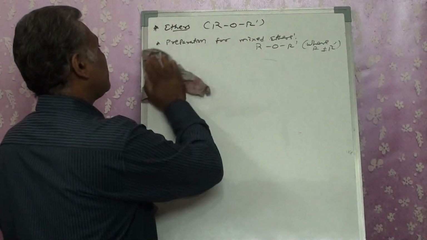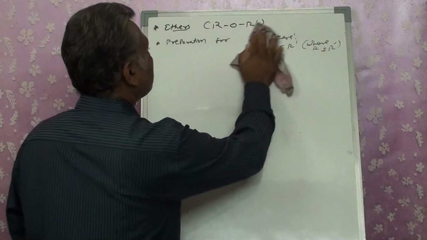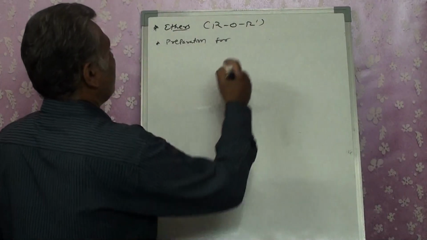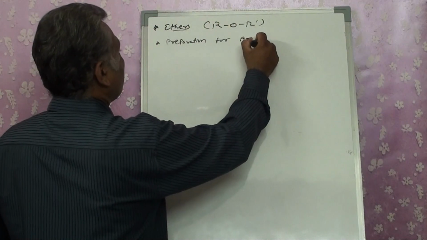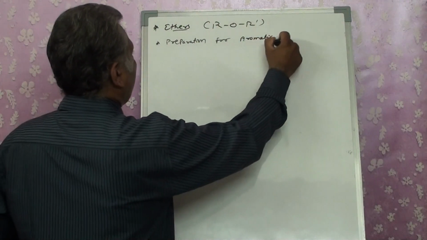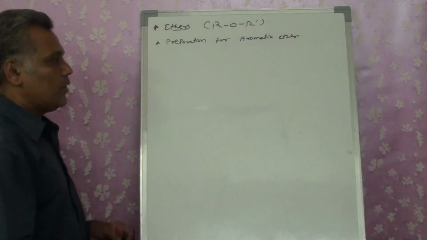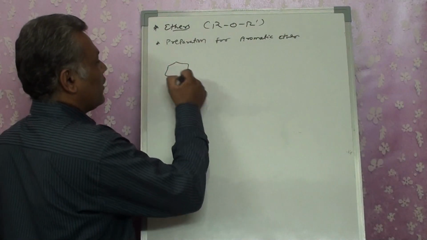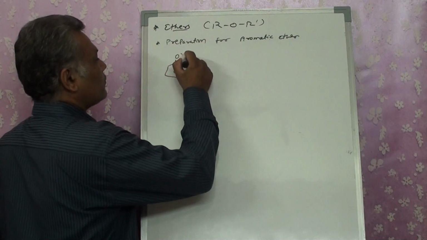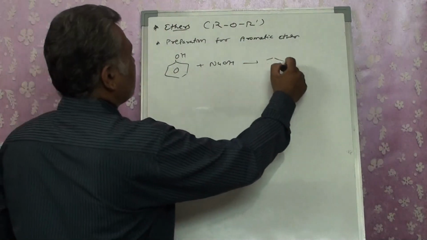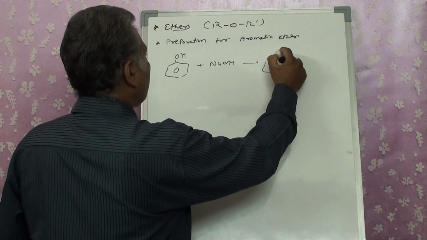The same preparation we can do for aromatic ethers also, by Williamson synthesis. If we have a phenol, react it with NaOH and it gets converted into the phenoxide, ArONa.